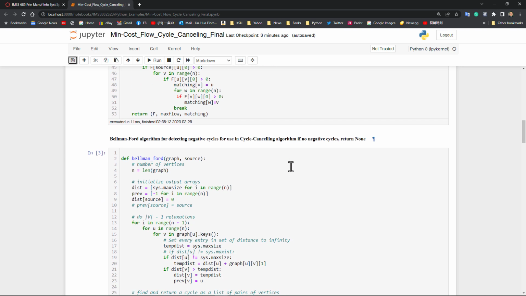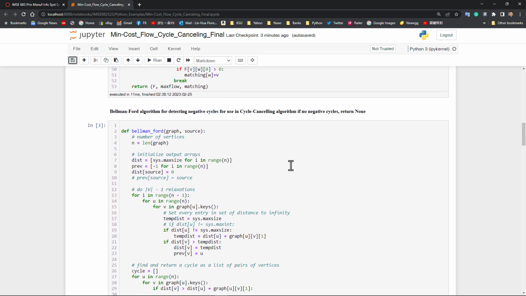The second subroutine is the shortest path algorithm itself, called the Bellman-Ford algorithm. The main purpose for using this algorithm is to detect the negative cycle for use in the cycle canceling algorithm. If no negative cycle exists, we return None, and therefore the algorithm terminates, since we cannot find any more negative cycles to cancel.